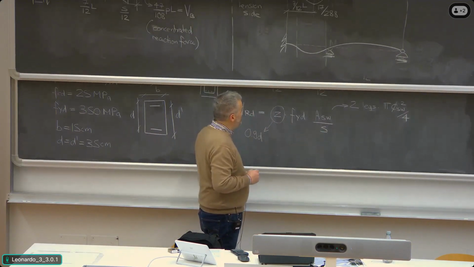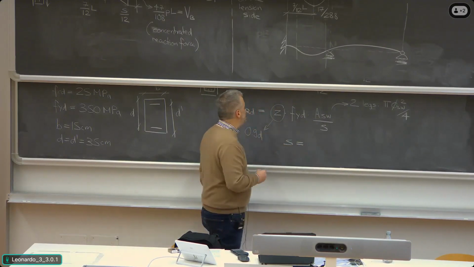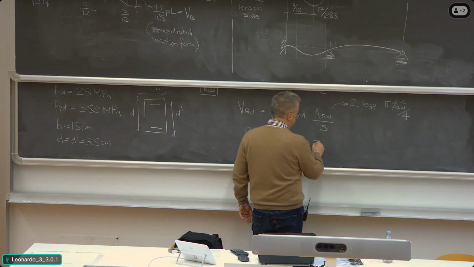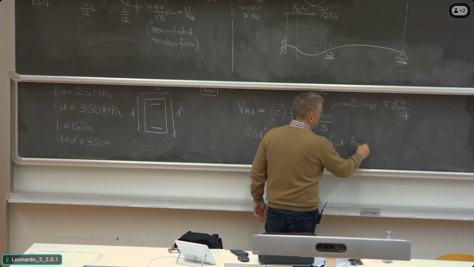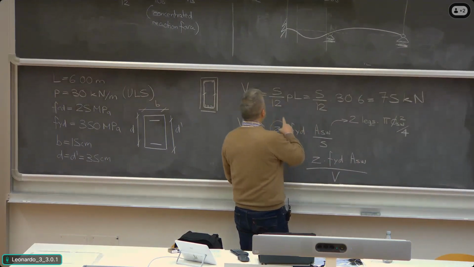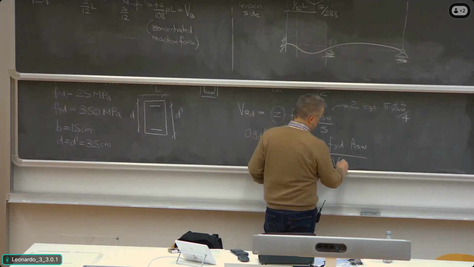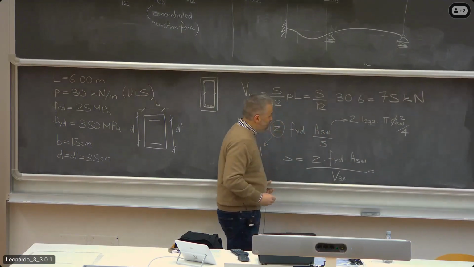So fair enough, to design the spacing, we need this equation. We simply need to invert this equation, making S equal to Z times FYD times ASW divided by the shear force applied in the point VA. What are the values?